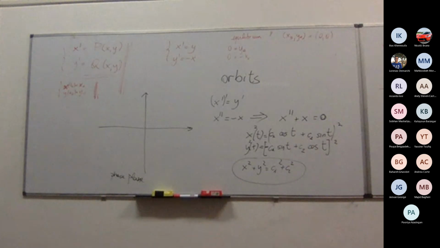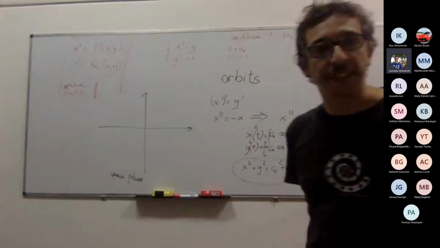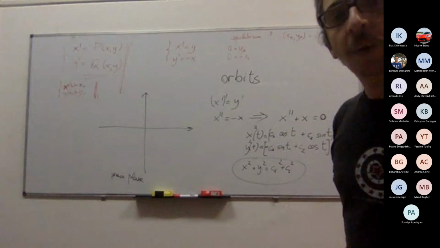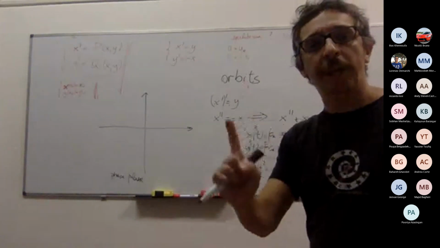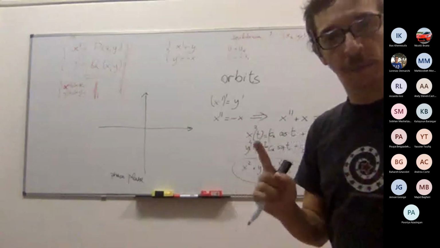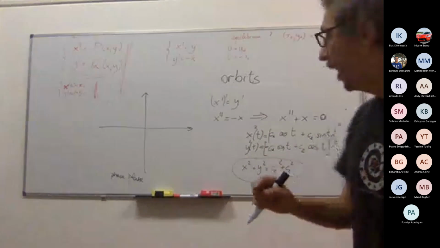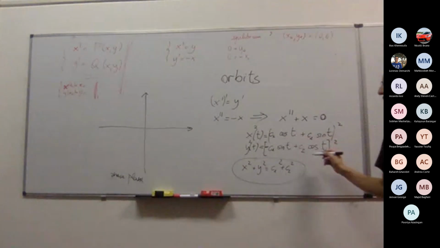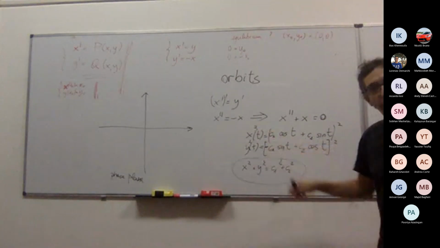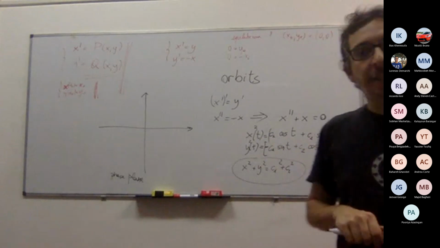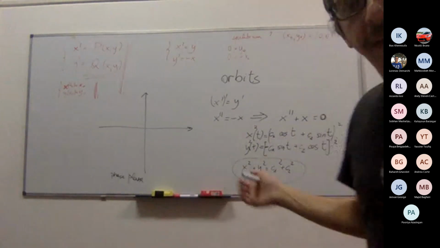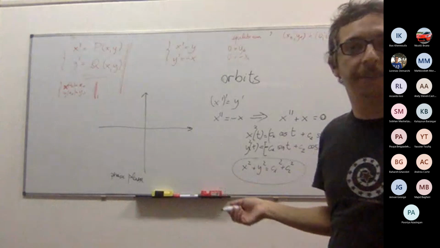There are just two identities. What I want to do is to find only one equation which describes the orbit. I can leave it like this, without the squares, and what I would have is a parametric equation for one curve.